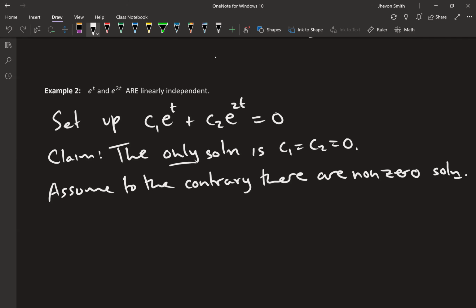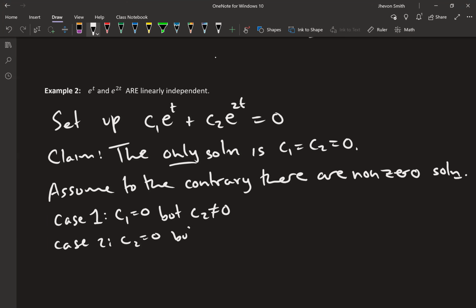Then, I can do this by cases just to make it a little bit clearer. Case 1, I can have c1 equals 0, but c2 is not 0. Or case 2, I can have c2 equals 0, but c1 is not 0.